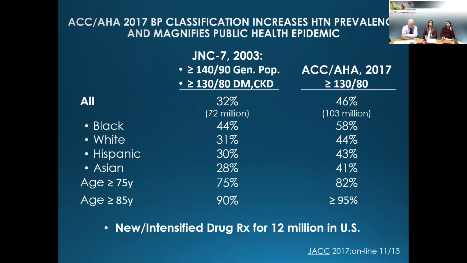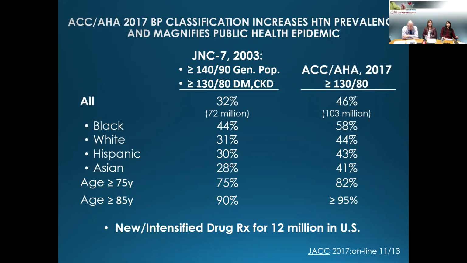Well, what are some of the consequences of the new ACC/AHA blood pressure classification scheme? It increases the prevalence of hypertension, and it magnifies hypertension as a public health epidemic. Compared to the JNC 7 definitions of hypertension, the ACC/AHA classification increases the prevalence of hypertension from 32% to 46% of adult Americans.